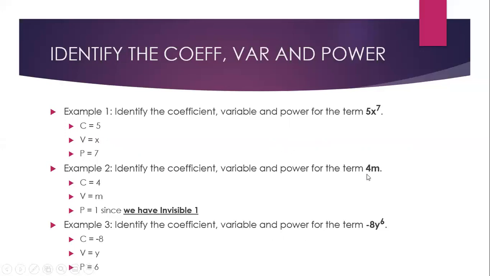There's a 4 that comes right in front of the m. So the coefficient is 4. What is the power? Well, we don't see a power, and if we don't see a power, we know that there is up there an invisible 1. So the power is 1.